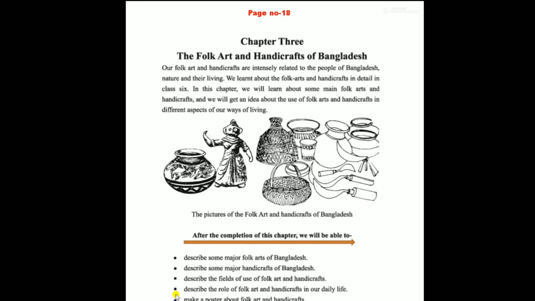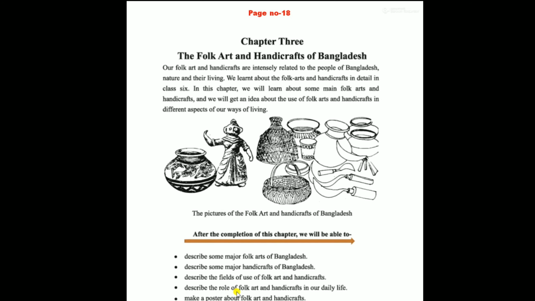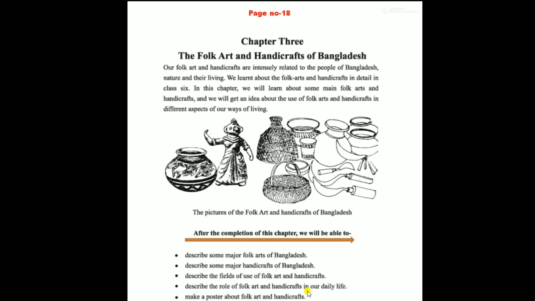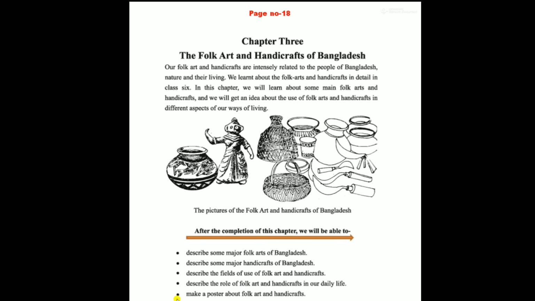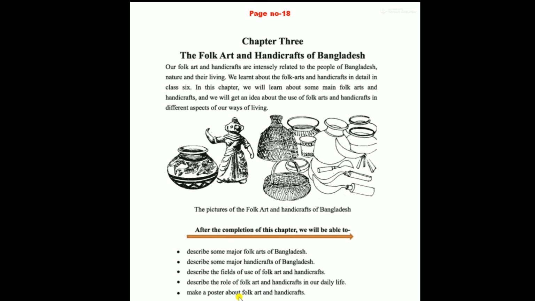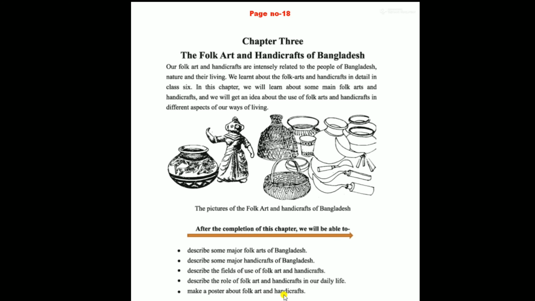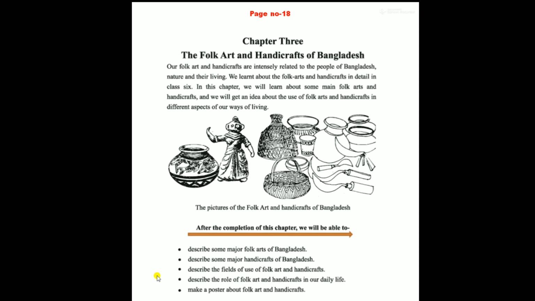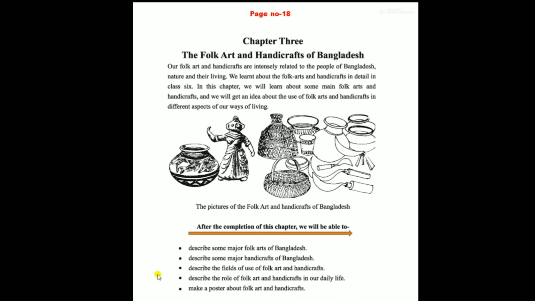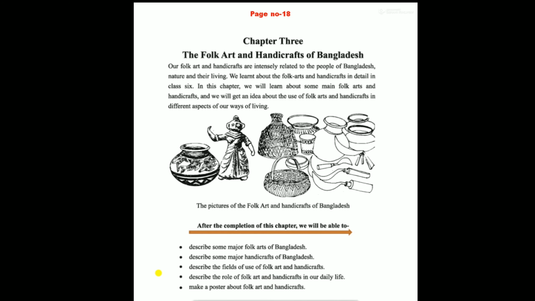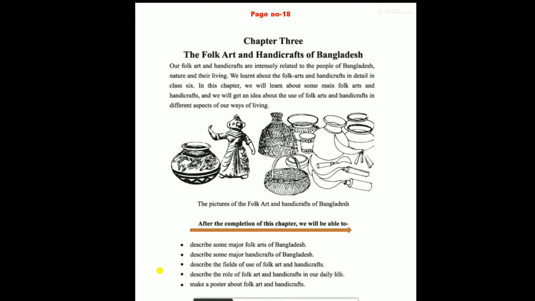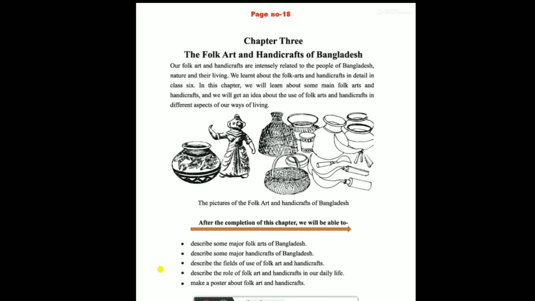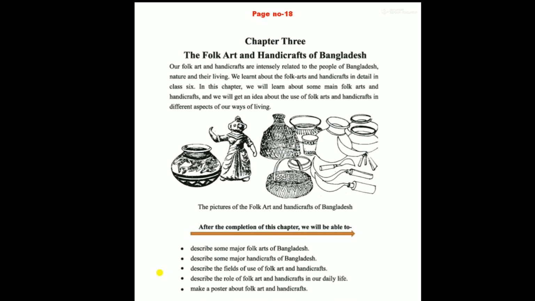Point number 4, describe the role of folk art and handicrafts in our daily life. Point number 5, make a poster about folk art and handicrafts. So dear students, I will discuss the basic information of the topic as always, but you should read line by line from your textbook.